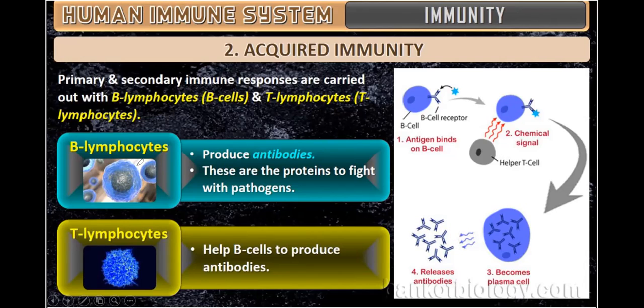Which cell produces antibodies, B cell or T cell? B cell. What are antibodies? These are proteins that fight pathogens. T lymphocytes help B cells to produce antibodies.